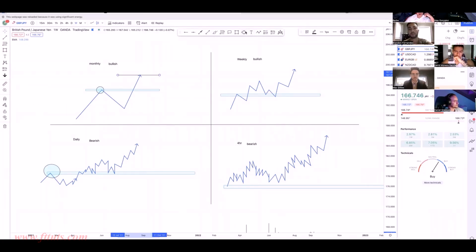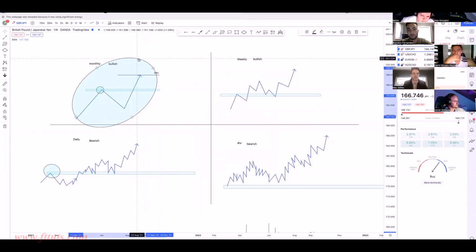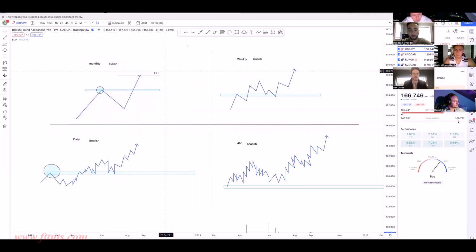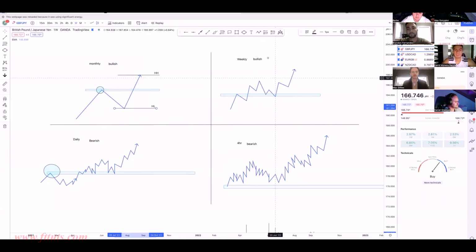Based off of what you are seeing in here, what would this point right here be? All right, awesome. What would this point right here be? Okay. What would this point right here be?